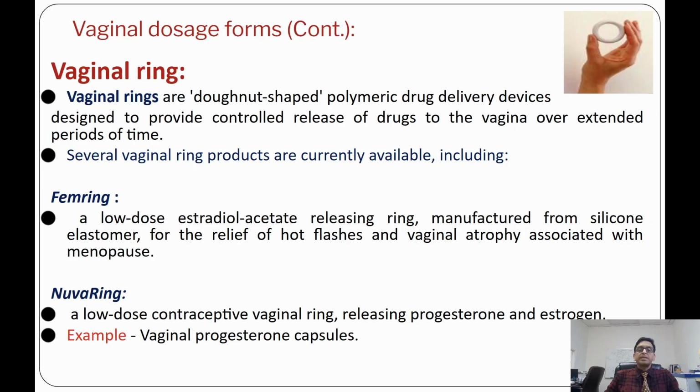Several vaginal ring products are currently available, including Femring, a low-dose estradiol acetate releasing ring manufactured from silicone elastomers for the relief of hot flashes and vaginal atrophy associated with menopause. Similarly, NuvaRing is a low-dose contraceptive vaginal ring releasing progestin and estrogen.